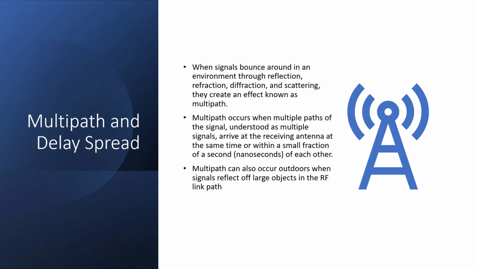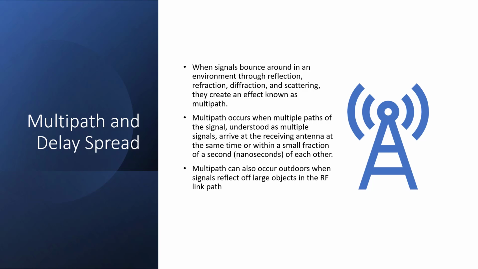One signal comes quicker, which is in a straight line. The remaining signals come after a certain time. They carry the same signal, the same bit. If you send one bit, 1 and 0, the first one will arrive at a certain time, then the reflected one will arrive a little later, then the scattered one arrives later still, and so on. Even though you call it nanoseconds, think about the speed.